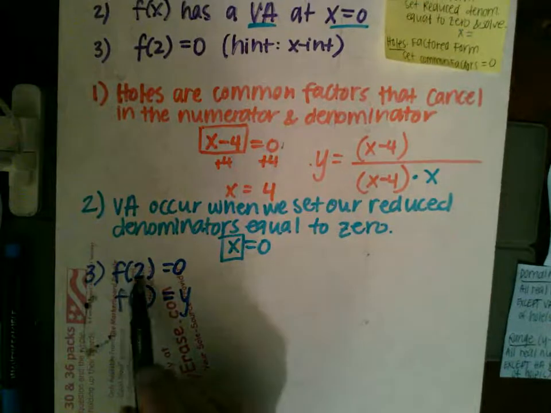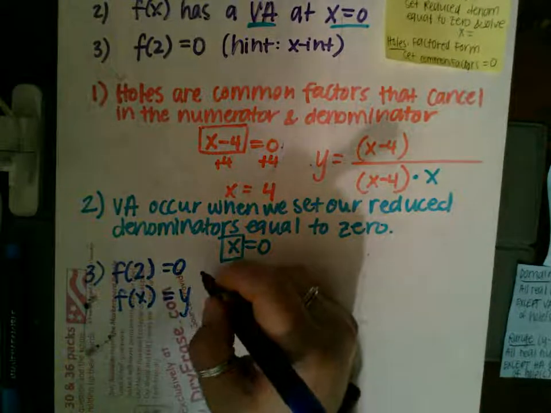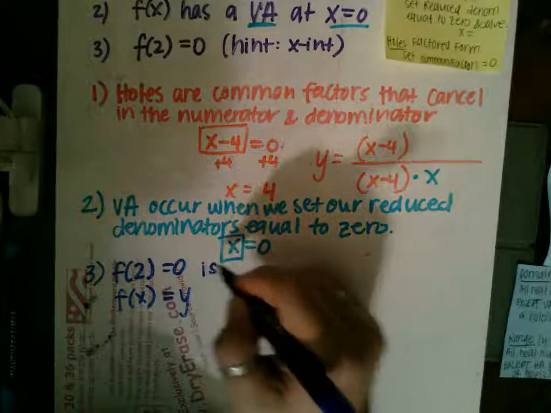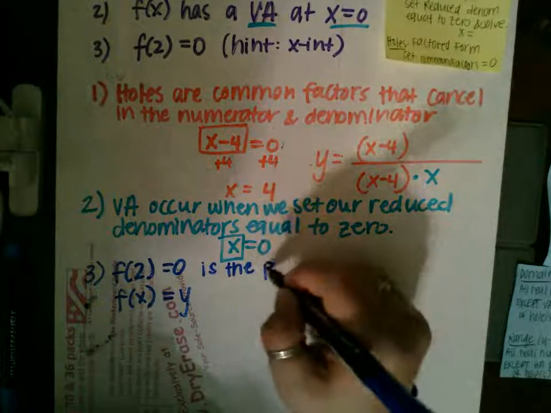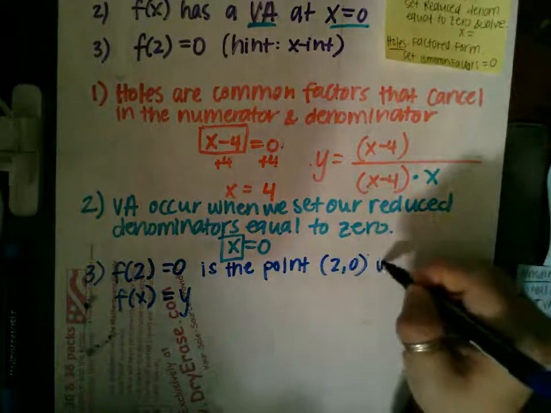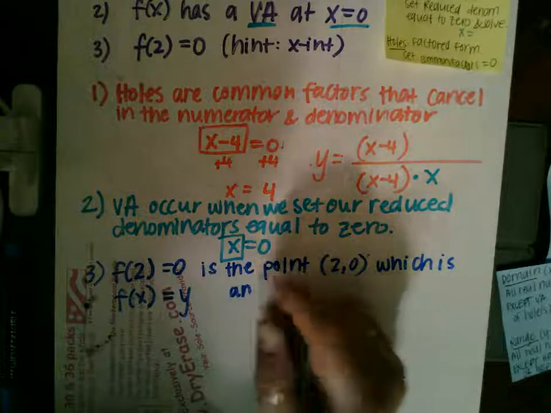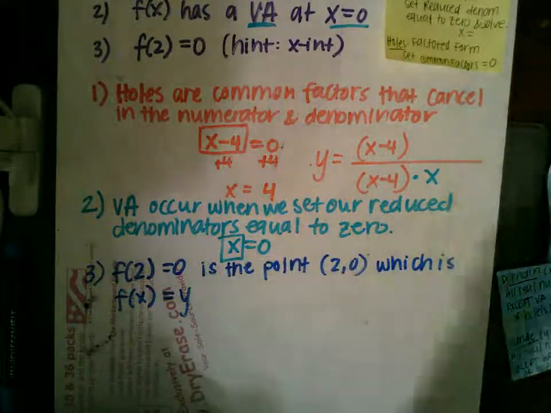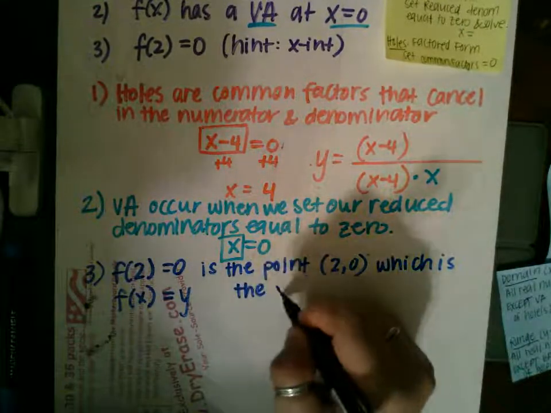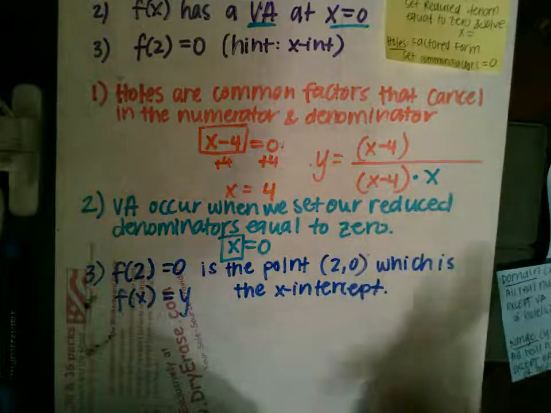So f of 2 equals 0 means the point (2, 0), which is an x-intercept, which is why they had that hint there.